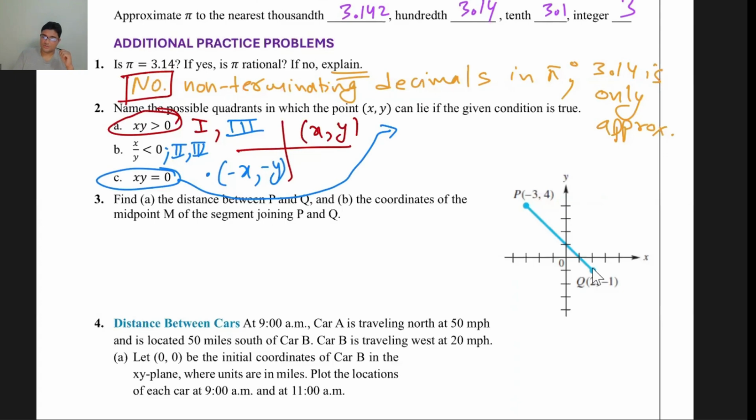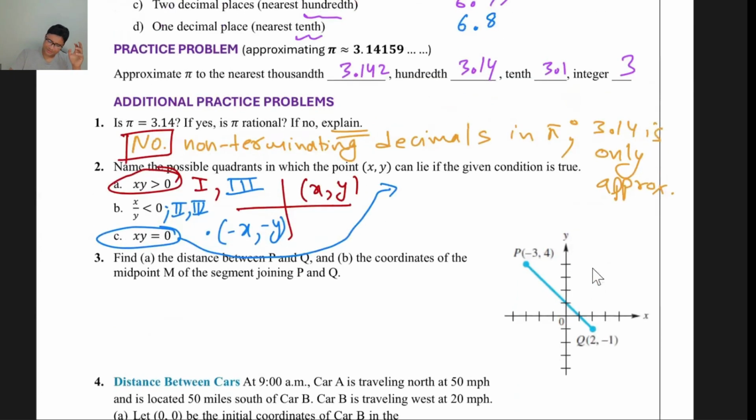At least one of the original numbers has to be 0. But if one of the original numbers is 0, we are talking about being either on the y-axis or on the x-axis. Okay, so the question was name the possible quadrants. The answer is not on quadrants.